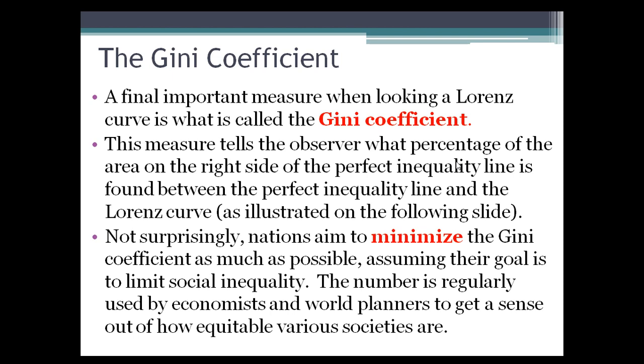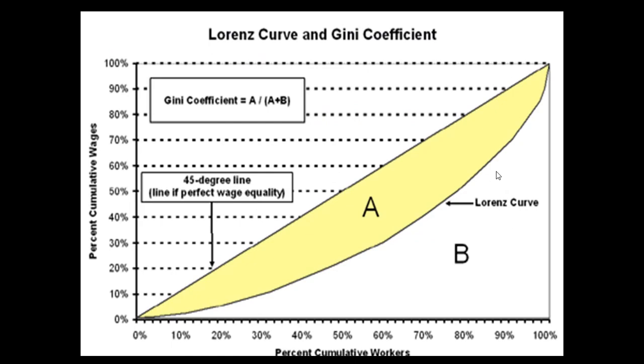Okay, and the closer you get to perfect equality, the lower your Gini coefficient, whereas the further you get away from it and the more inequality you have, the larger your potential gap is and the higher your Gini coefficient. That's probably really confusing in the absence of a graph, and so I'm going to quickly move into the graph and spend a little bit more time here.